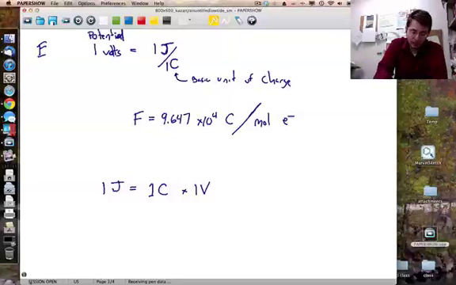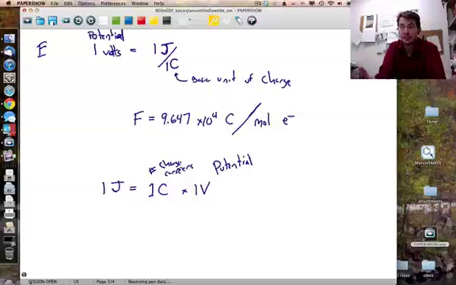So what this allows us to do is relate the number of charge carriers and the potential to how much energy is released or transferred in a chemical reaction.